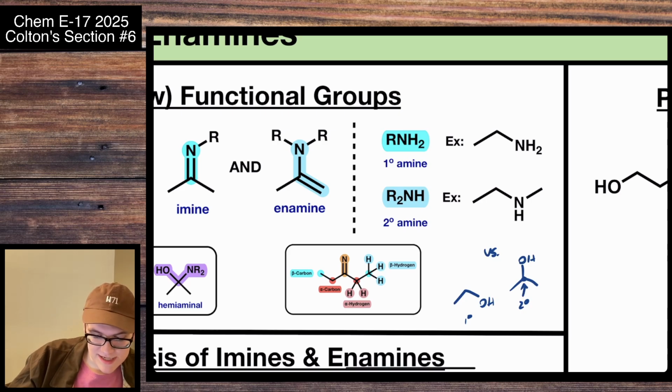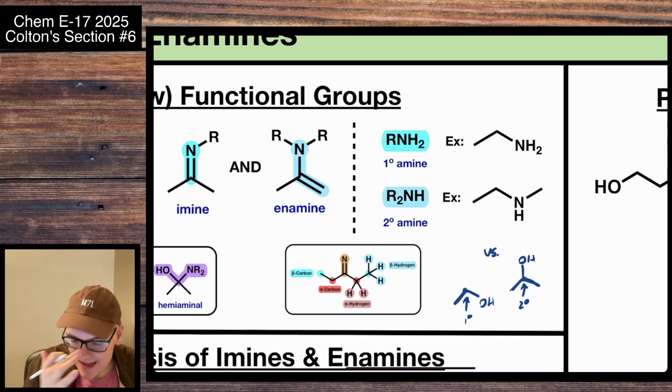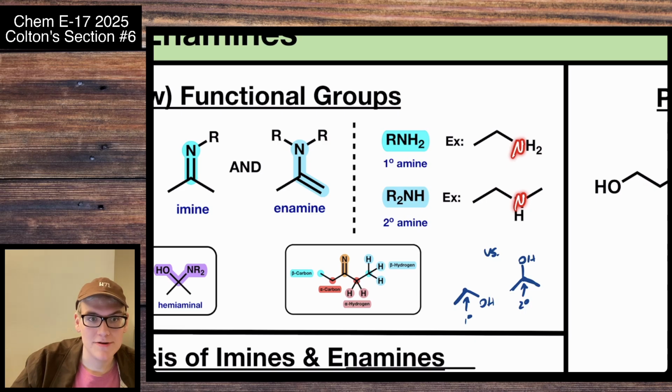This carbon is attached to two other carbons, it's a secondary carbon. This one is attached to one other carbon, it's a primary carbon. But that convention is different for amines. For amines, it's about how many carbons are connected to the nitrogen. It does not matter the classification of those carbons. So this is a primary amine, so is this, so is this, because in each case there is only one carbon attached to the nitrogen.